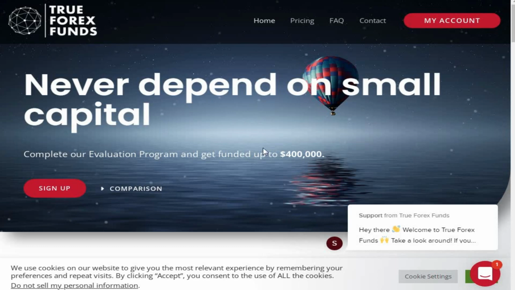They can also fund you up to 400,000 USD. So you just have to buy the account and pass, and then also trade with consistency so that you'll be able to trade these big accounts.